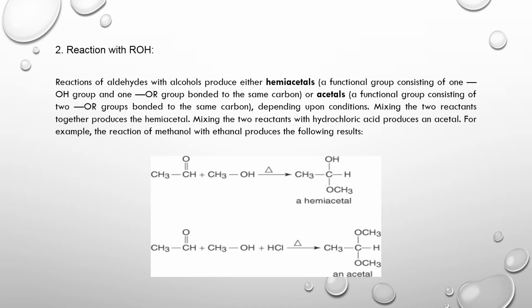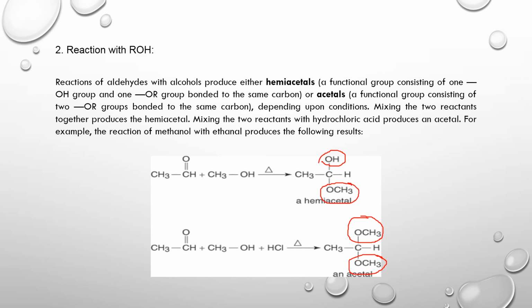So this central carbon is attached to OH and OCH3. Therefore, it is a hemiacetal. An acetal is a functional group consisting of two OR groups. Hemiacetal means one hydroxyl group and one OCH3 group, an OR group.